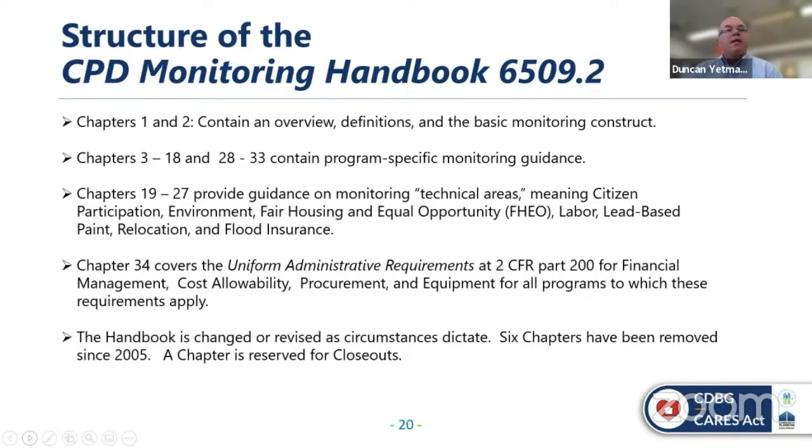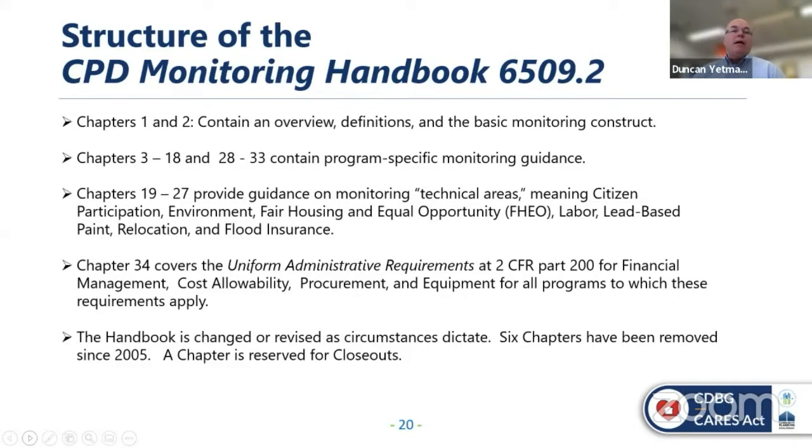Chapters 3 through 18 and 28 through 33 contain program-specific monitoring guidance. Chapters 19 to 27 show the technical areas for monitoring. Chapter 34 covers the uniform administrative requirements, what we will also refer to as the uniform guidance from Part 200.